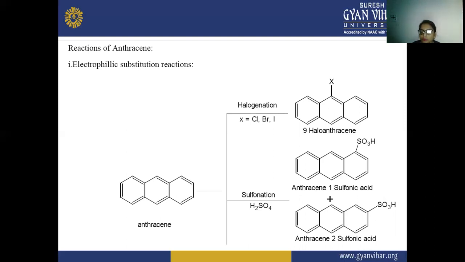Two products are formed: anthracene-1-sulfonic acid and anthracene-2-sulfonic acid. In the 1-sulfonic acid, the attack of the sulfuric acid is on the first position, and in the 2-sulfonic acid there is an attack of the sulfonic acid on the second position. So this is the electrophilic substitution reaction.